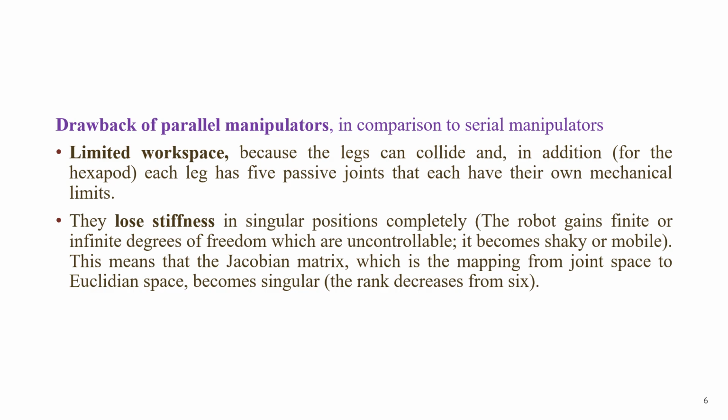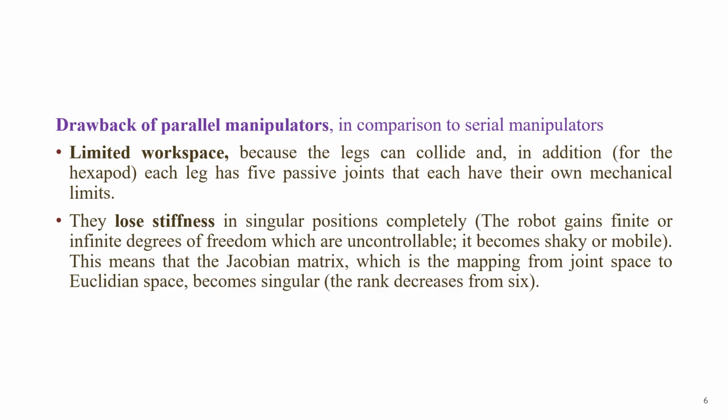But there are also certain drawbacks in parallel manipulators when compared to serial manipulators. The first one is that it has limited workspace, right? As it is a closed kinematic chain, it has limited workspace because the legs will collide, and in addition each leg has passive joints that each have their own mechanical limits.